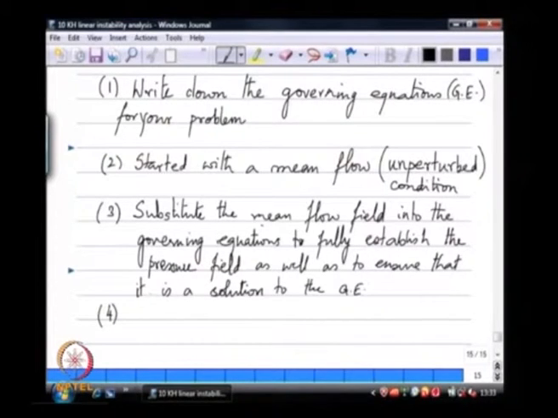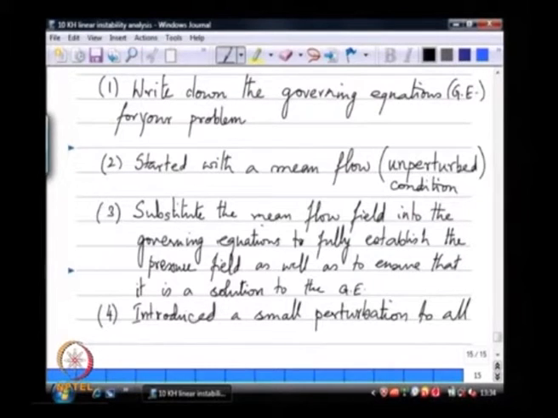And then we developed or introduced a small perturbation to all the flow variables, flow and interface variables, we will write it in a general way.